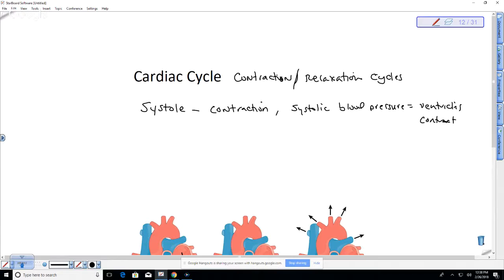Systole is how you say that. Diastole refers to relaxation. And in terms of blood pressure, diastolic pressure is when the ventricles relax.